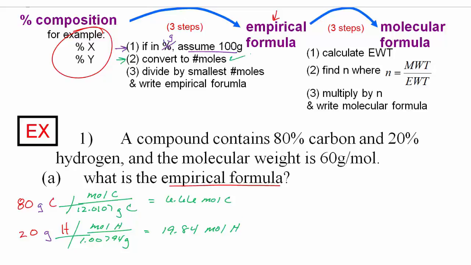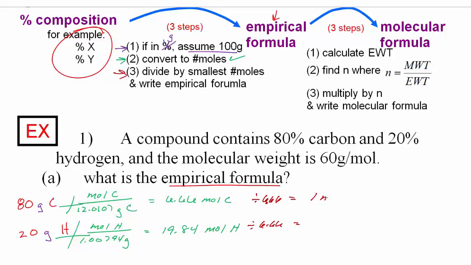Okay, done. The next step is divide through by the smallest number of moles, and then write my empirical formula. My smallest number of moles is 6.66, so let's divide through by 6.66. Now I'll get my simplest ratio.